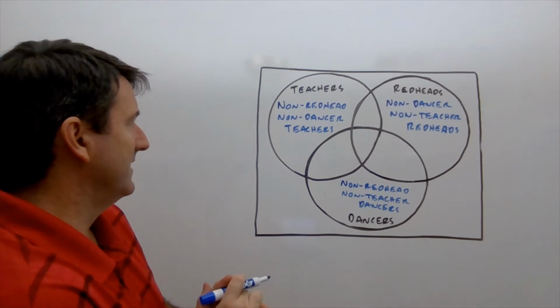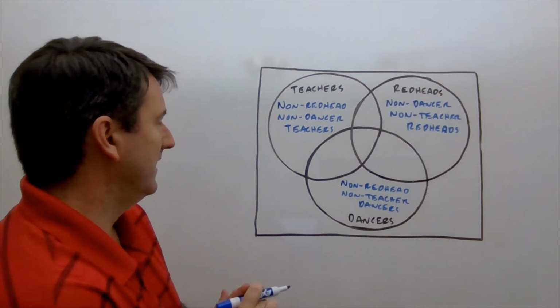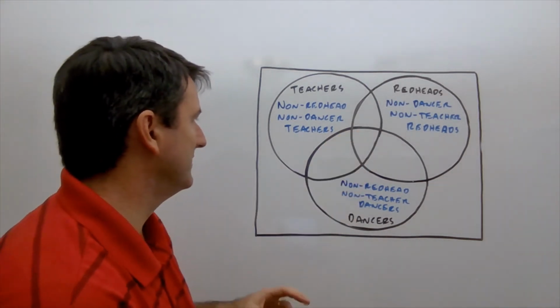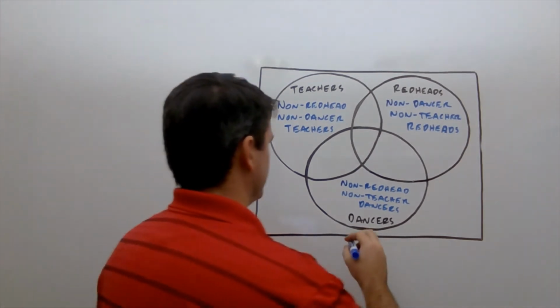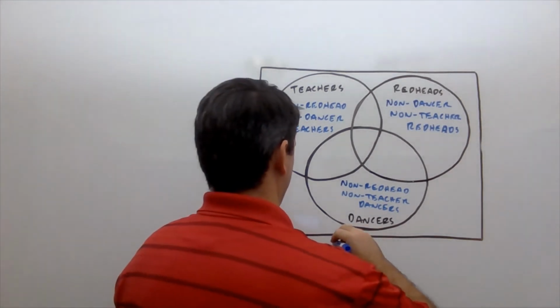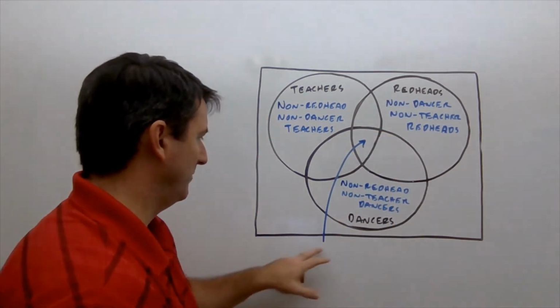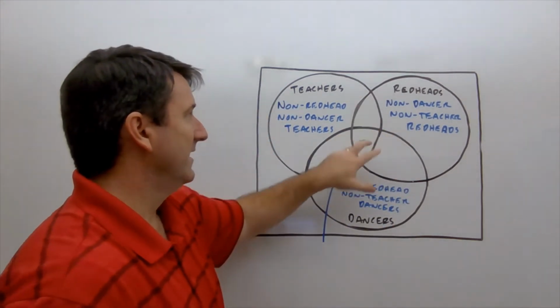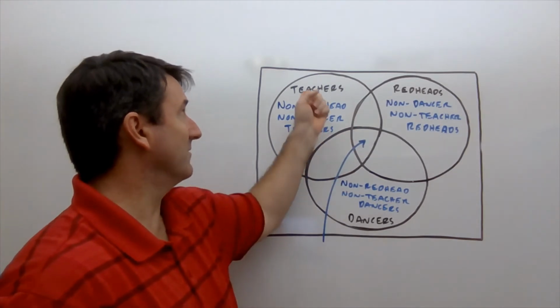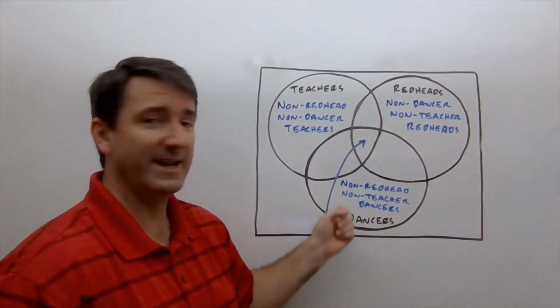Next, let's go with this region right here in the center. Let's draw an arrow up to this region to show the center, and we'll put it down here. In the center, these are teachers who are also redheaded and dancers.